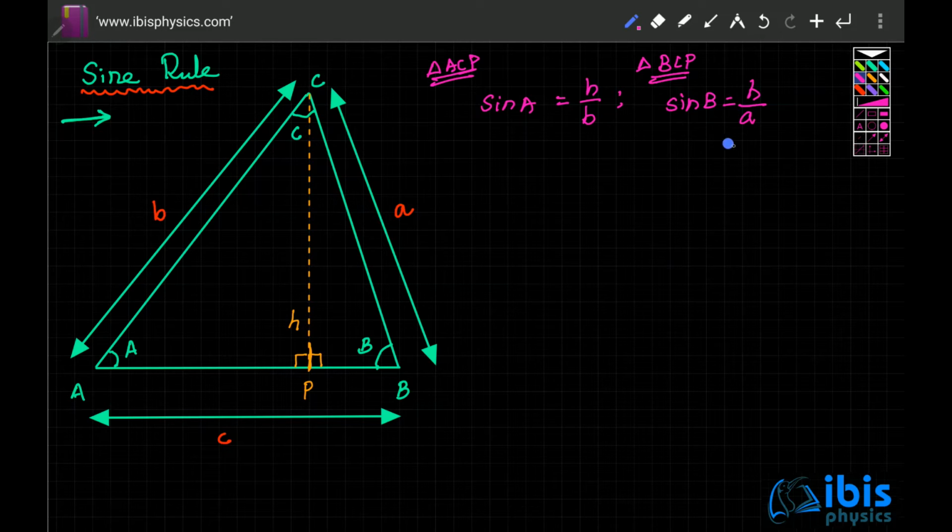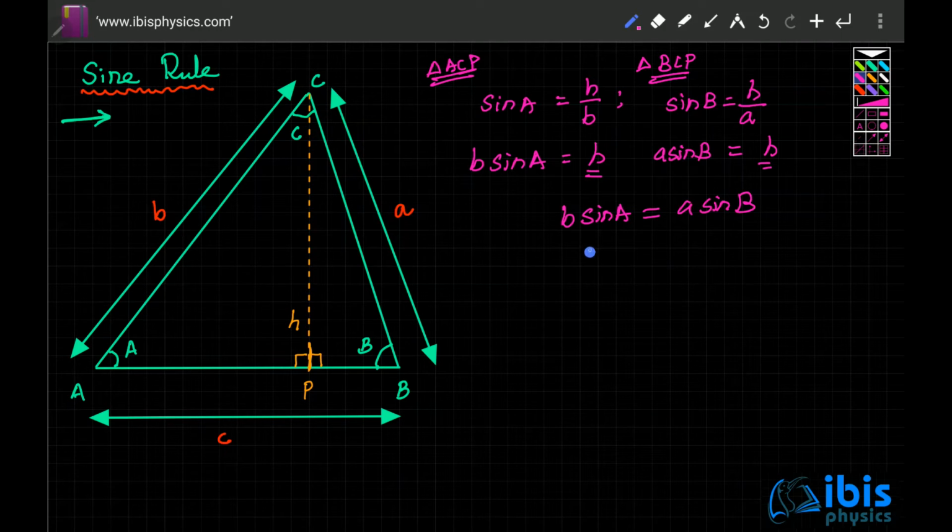From this, cross multiplying, h is equal to a sine B. Here h is equal to b sine A. Their right hand sides are equal, so the left hand sides must be equal. So b sine A equals a sine B. So sine A by a is equal to sine B by b.